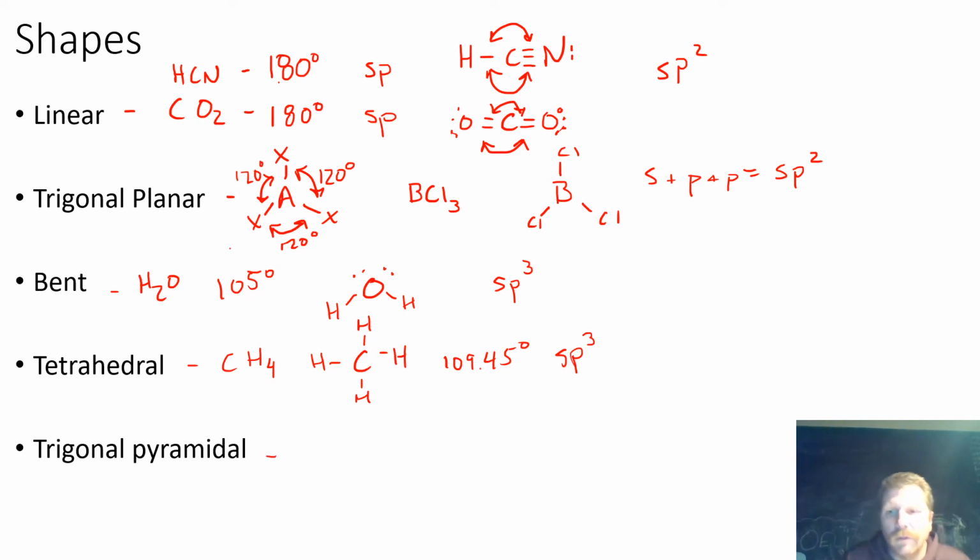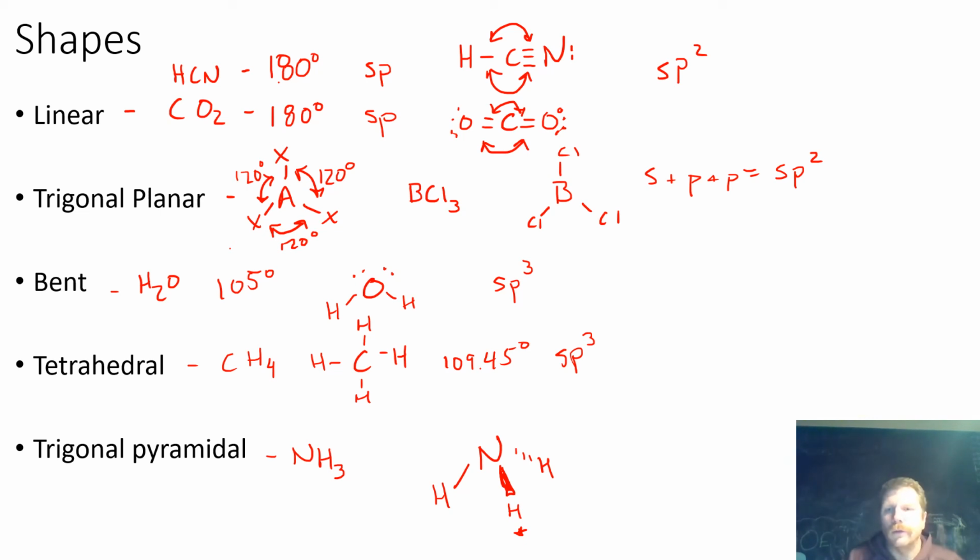I'm sorry, in the previous slide I referred to NH3 as a trigonal planar molecule. This is a trigonal pyramidal molecule. The way you can think about it is we've got our nitrogen, and I'm going to draw this wedge and dash representation. This hydrogen, indicated by the star, is coming out of the page, toward you.